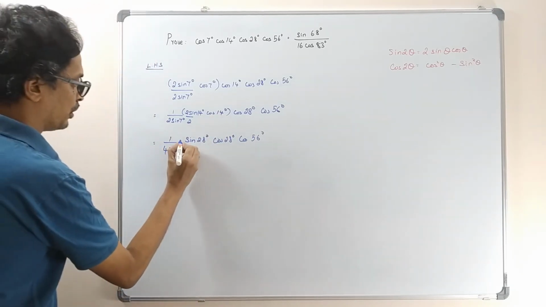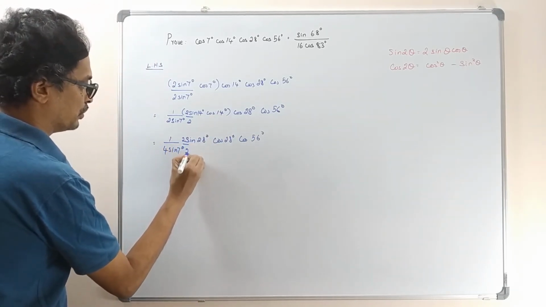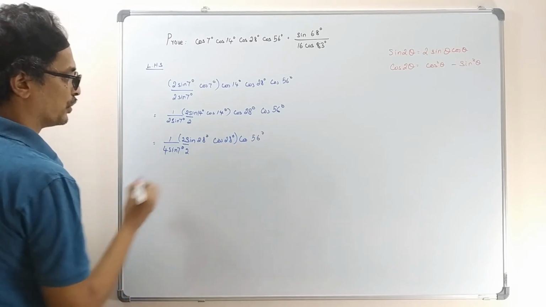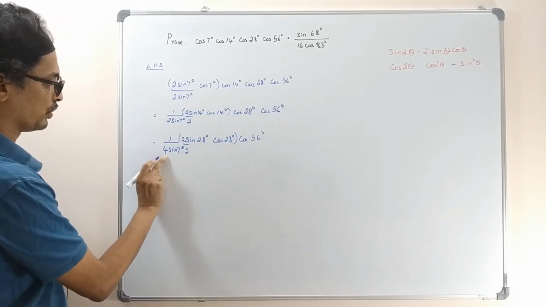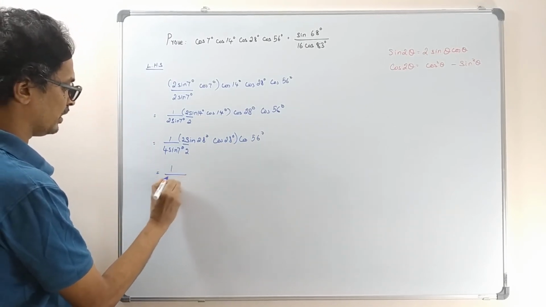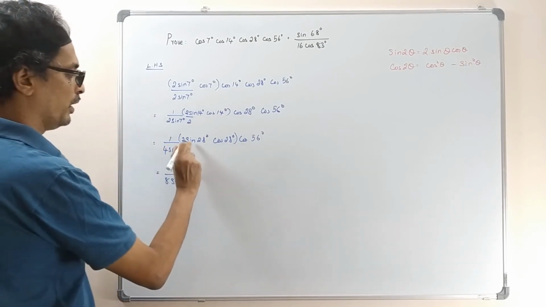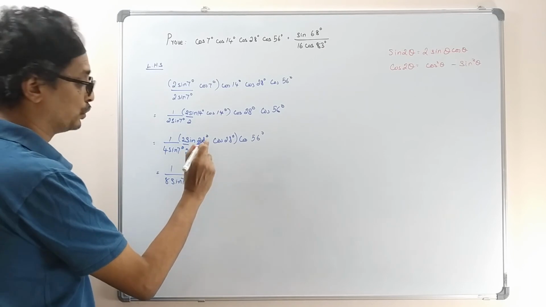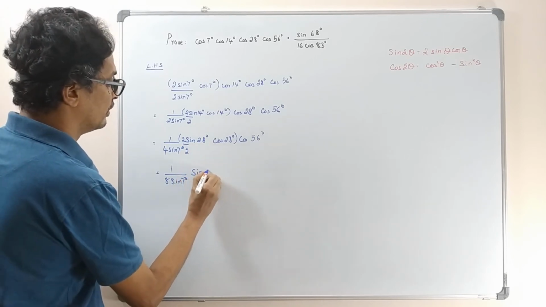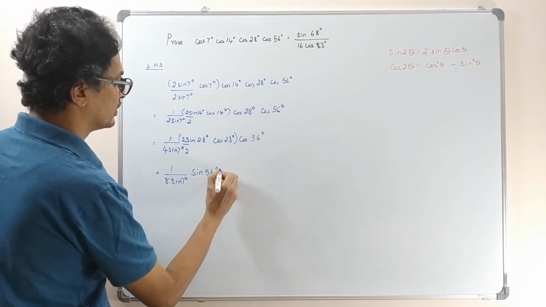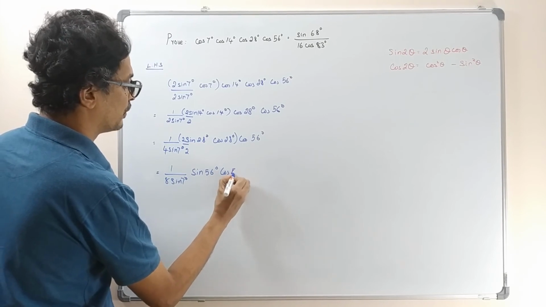Again I am going to multiply by 2 and divide by 2. So now this 2 into 4 will make it 1 by 8 sin 7 degree into, this will be 2 times 28, sin 2 theta, right? Sin 56 degree and this is cos 56 degree.